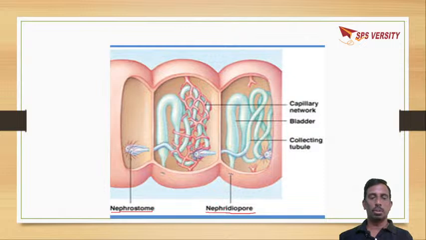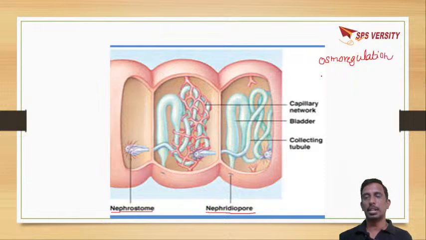That is the end, called the nephridiopore, and this is the nephrostome, which is the starting point of the nephridium. So the nephridium is osmoregulatory as well as playing an important role in excretion. There is osmoregulation and excretion in function.